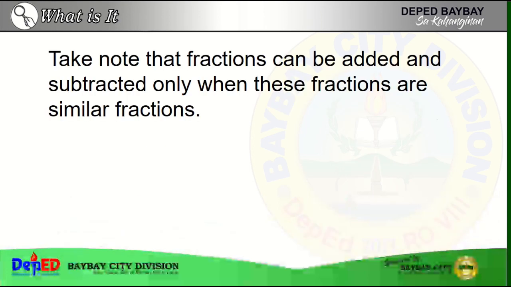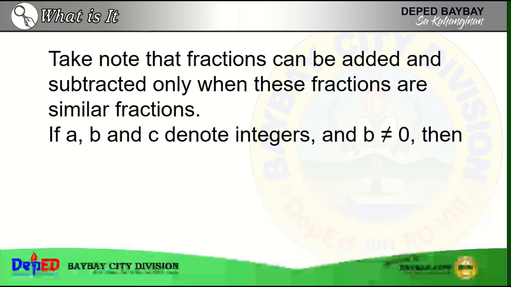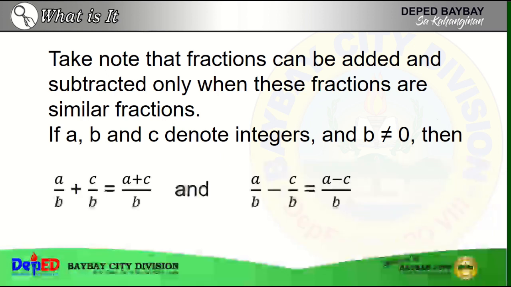Take note that fractions can be added and subtracted only when these fractions are similar fractions. If a, b, and c denote integers and b is not equal to 0, then a over b plus c over b is equal to a plus c all over b, and a over b minus c over b is equal to a minus c all over b.